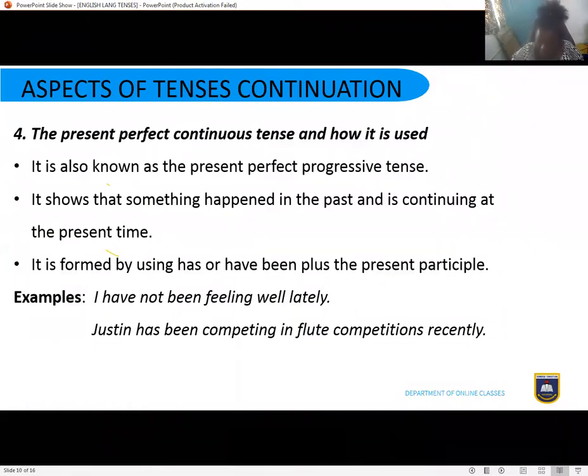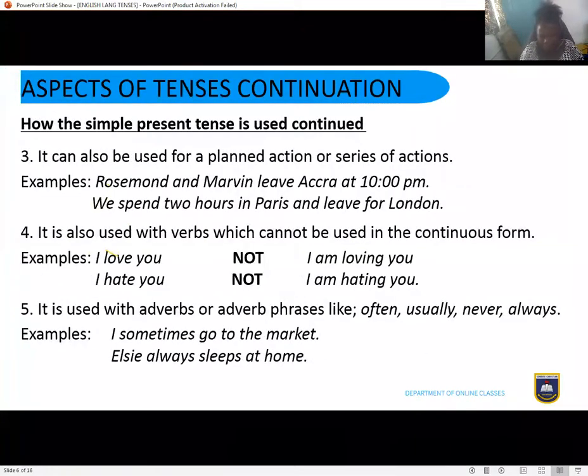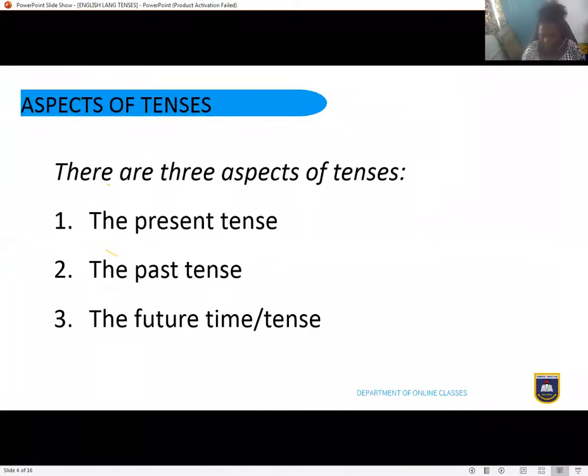Look on your screen. I told you there are three aspects of tenses. The first one is the present tense, the second one is the past tense, and the third one is the future time. So we have so far looked at the first aspect, the present tense.